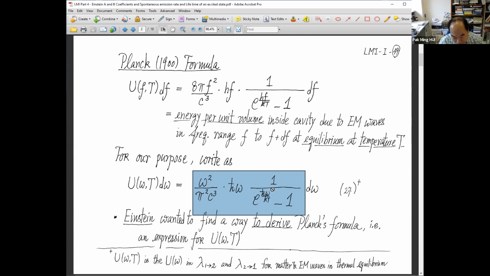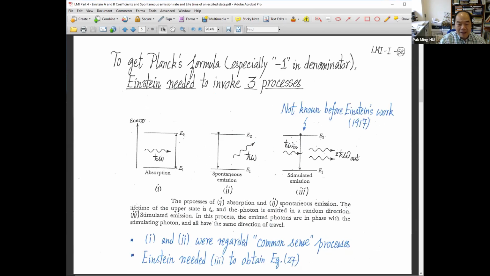Especially, he wanted to get at this minus 1. It turns out that it's not easy. All right. So now, in order to get the minus 1, I think he must have tried some other ways in which the minus 1 was missing. Then he got the right version.